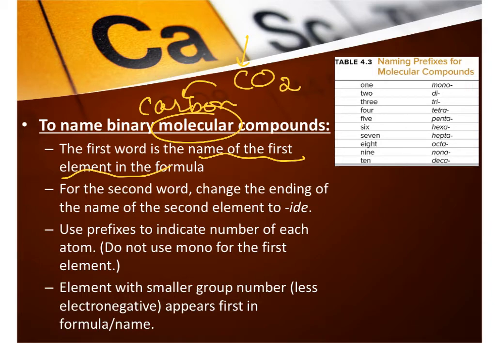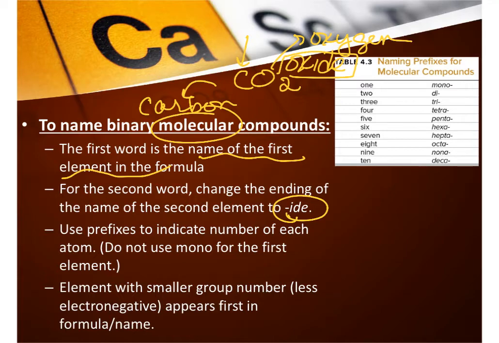For the second part of that word, that's usually what gets just a bit more involved. You start with the name of the element, but then you give the element the suffix IDE, okay? So this is oxygen, so what that rule is telling us is that you start with oxygen, but then change the ending to IDE. So in this case, it would be oxide, right?